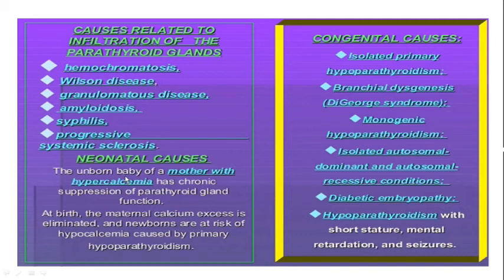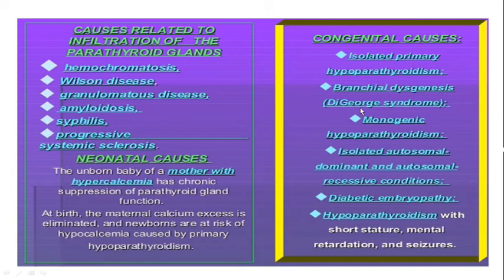Neonatal cause can be especially in the unborn baby of a mother with hypercalcemia, who have basically a chronic suppression of the parathyroid functions. At birth, the maternal calcium excess is eliminated, and the newborn is at risk of hypocalcemia.